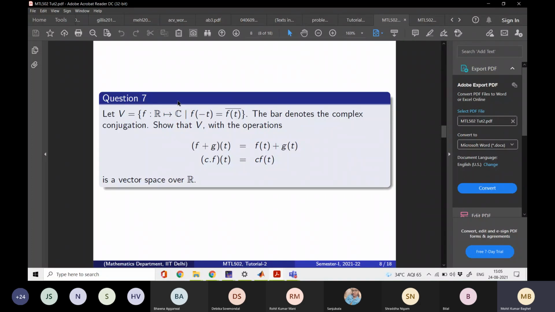The elements of this vector space are not the usual vectors that we always see. These are functions from real to complex numbers satisfying this rule, f of minus t equal to f of t bar. You verify by yourself. We are not here to write all the answers; these are practice questions for you.